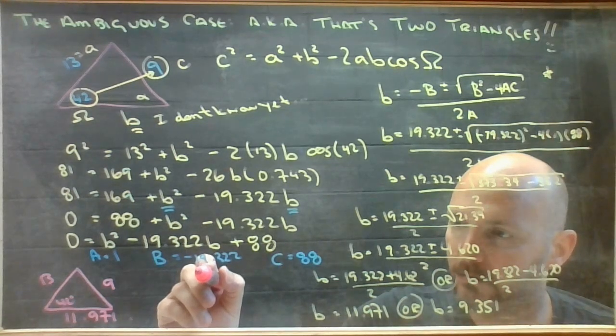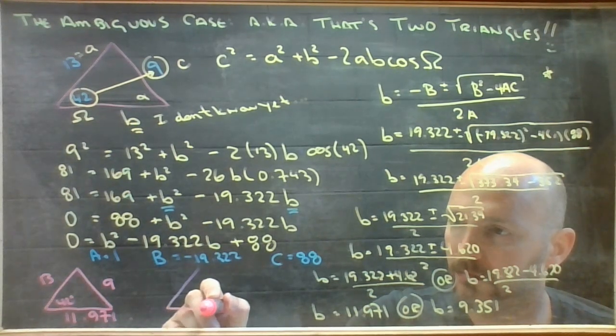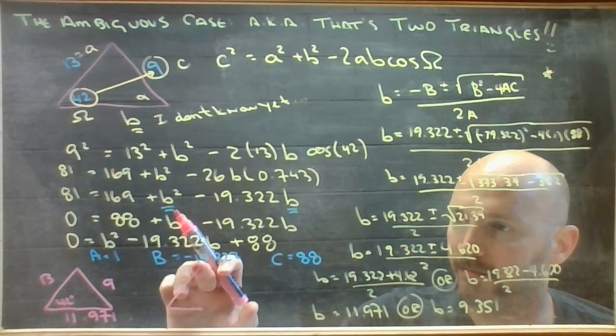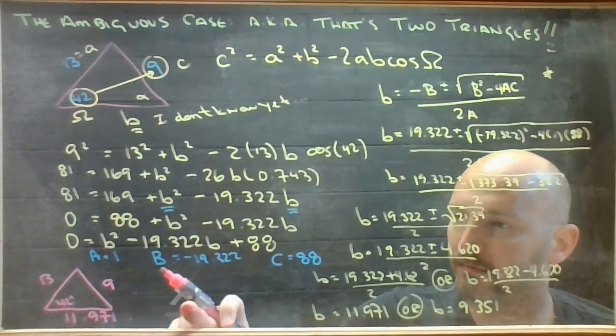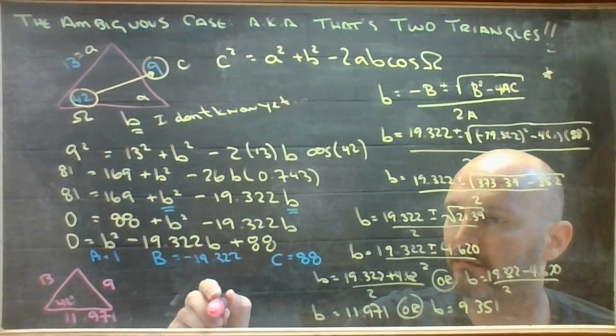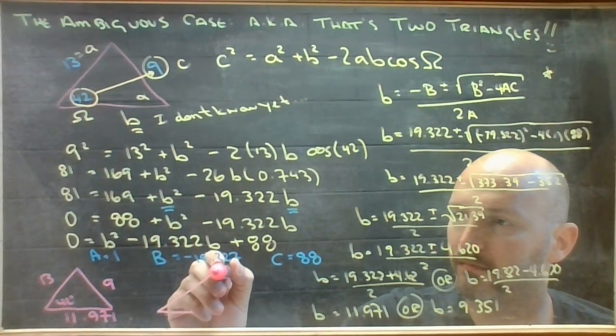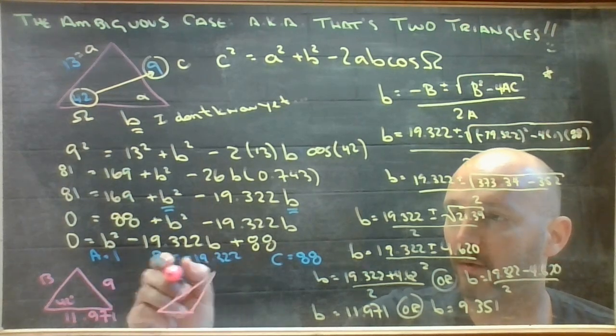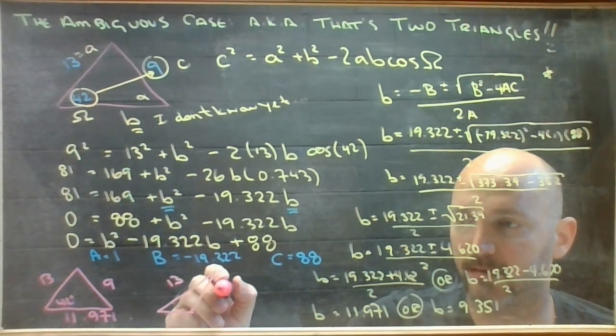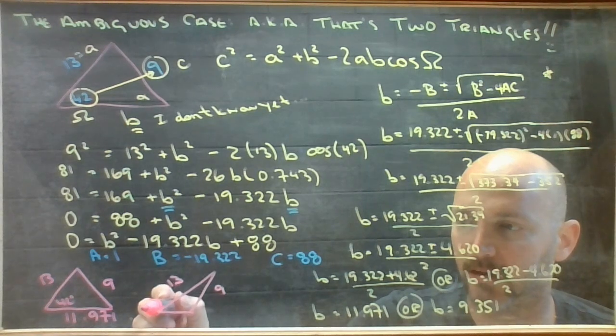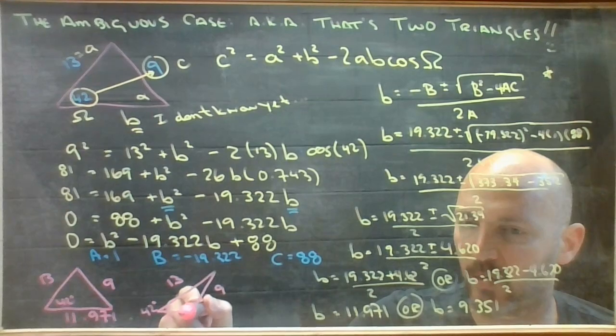Or I have a side length of 13, a side length of 9, a 42-degree angle, and this side is 9.351.